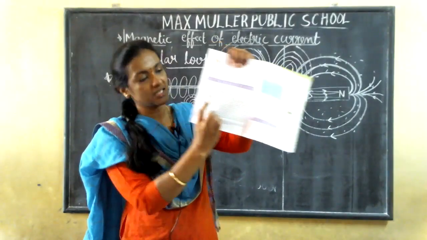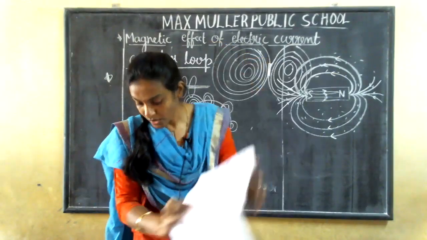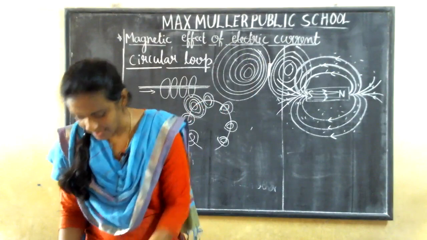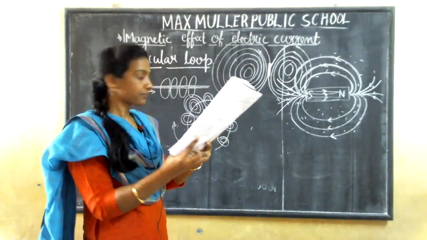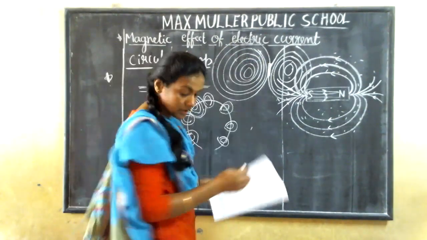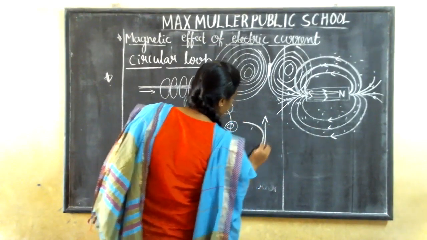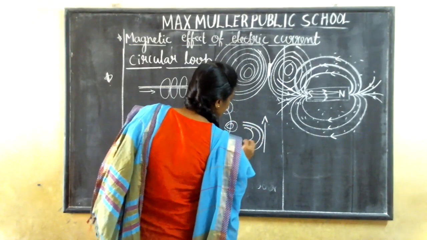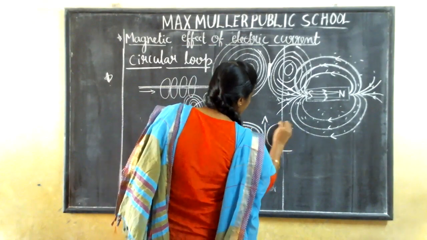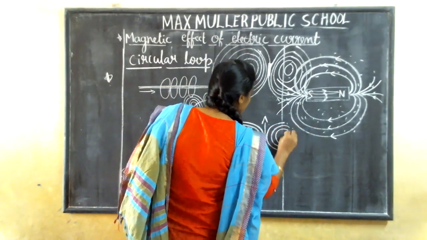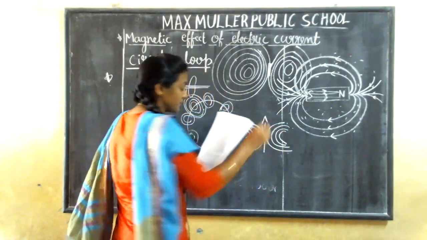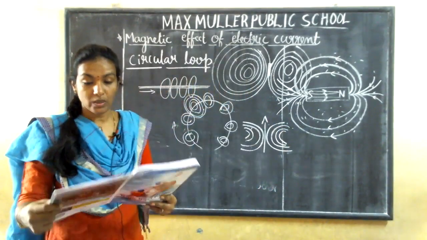So this is what happens. If they ask you to show that, you can show it in this form. This is also one circular loop only, a circle only. You have just taken it as a part of the circle. That is what we learned here.